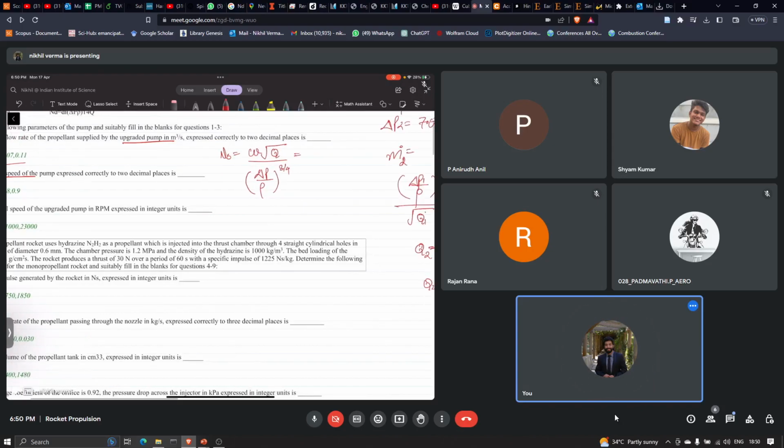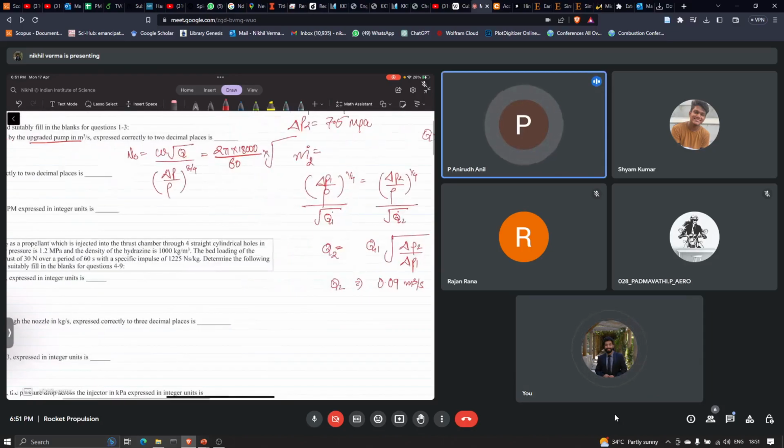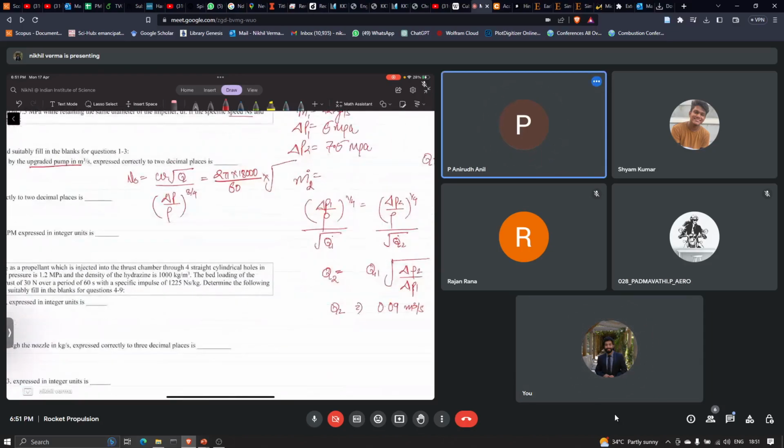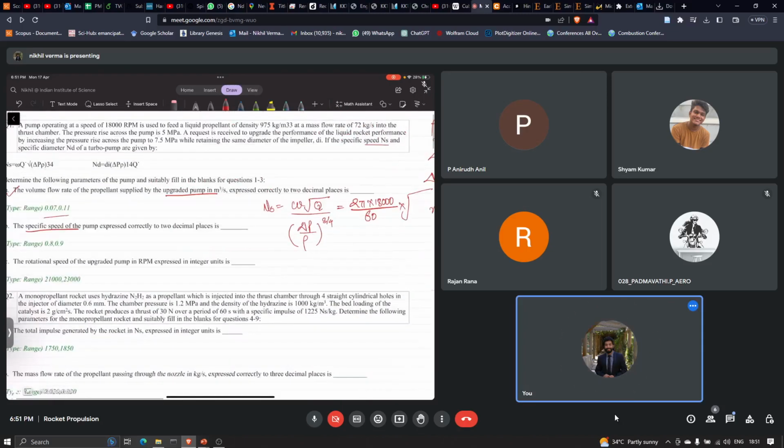The speed omega we can calculate from rpm. It is 18,000 rpm times 2 pi by 60, under root of q dot. Are they talking about the new flow rate here? Yes, sir.